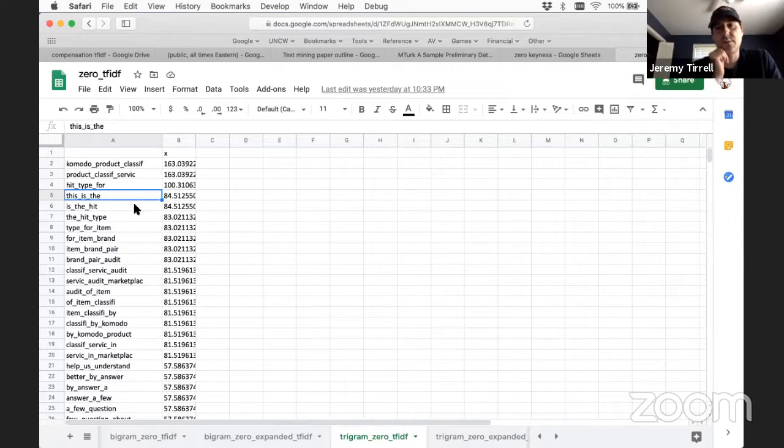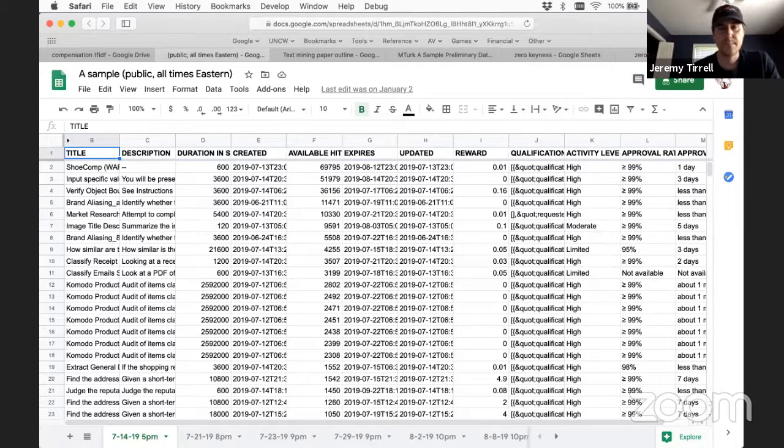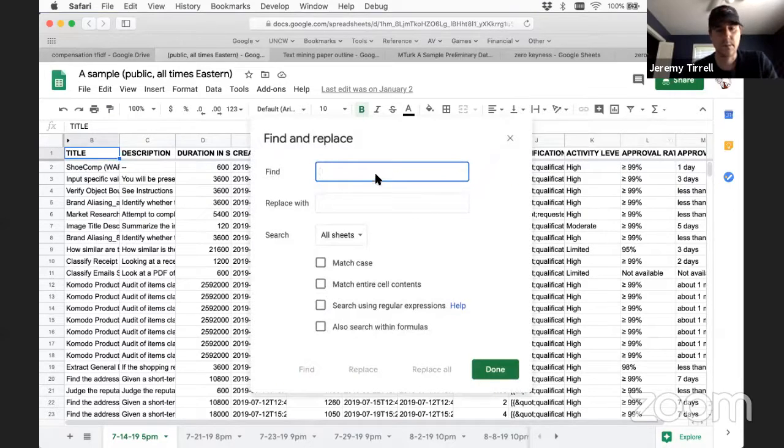It not only makes sense in terms of looking at the data, but it also matters when you see these terms and wonder what it's talking about. Really the only thing you can do is go to the data and search for these things together. Like if I wanted to find what is brand pair audit, I have to go to the data. Let me see if I can find brand pair audit.